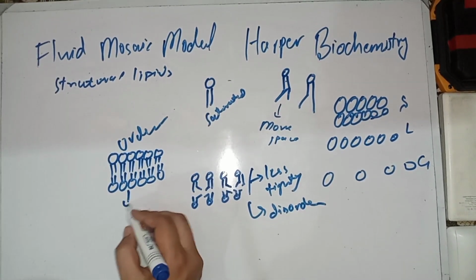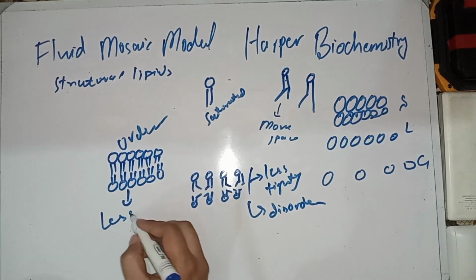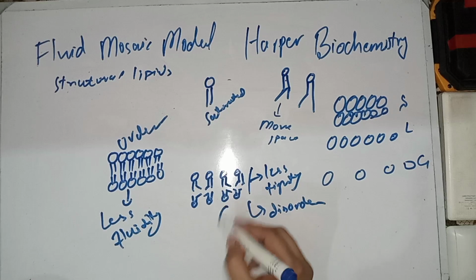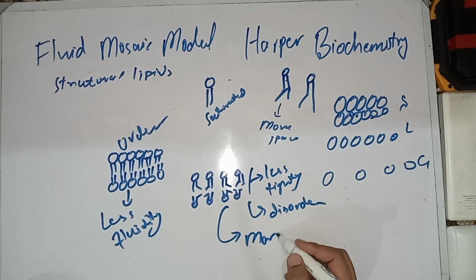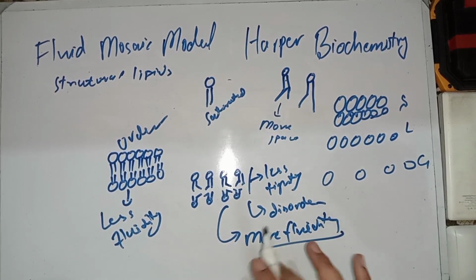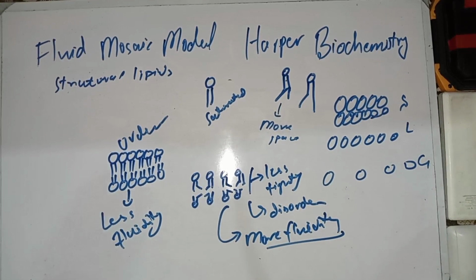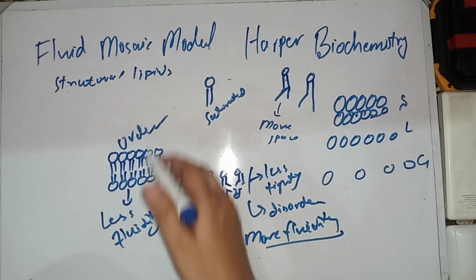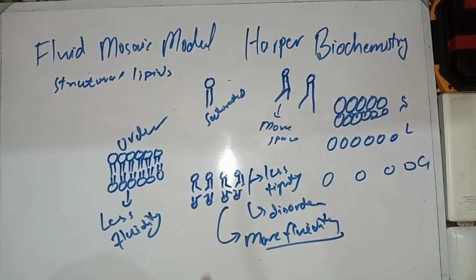So they will have less fluidity, while these will have more fluidity. Membranes having unsaturated lipids have more fluidity, while saturated ones have less fluidity, because saturated lipids are more orderly packed.